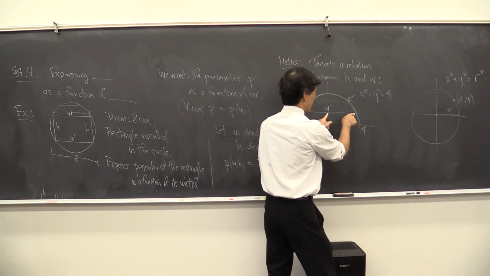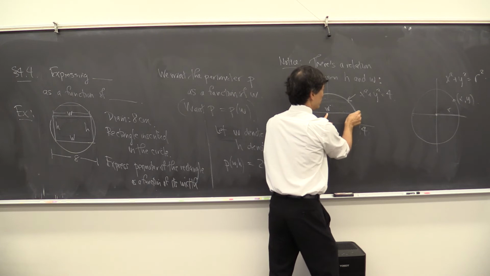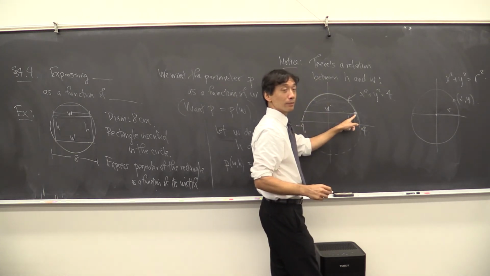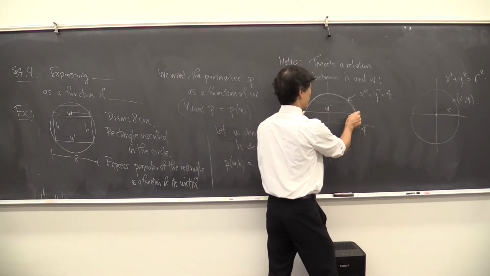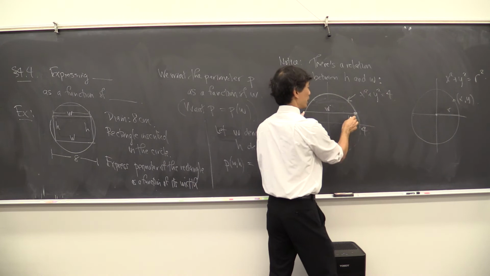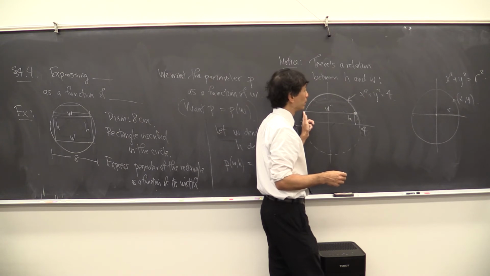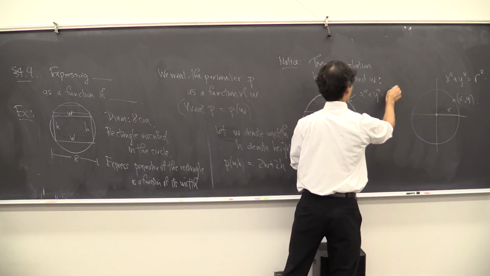So what does that tell you about w and h? What are the coordinates of this point here? If this length is w, what's the x coordinate here? Aaron? Is it 4 squared? I'm sorry, 4 squared. Yeah, thank you.